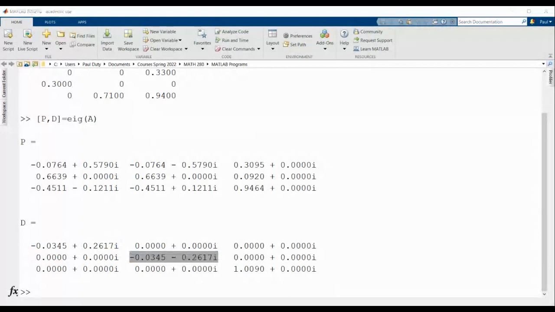Those two eigenvalues, are they real or complex? The negative 0.0345 plus 0.2617i. Is that a complex eigenvalue or a real eigenvalue?